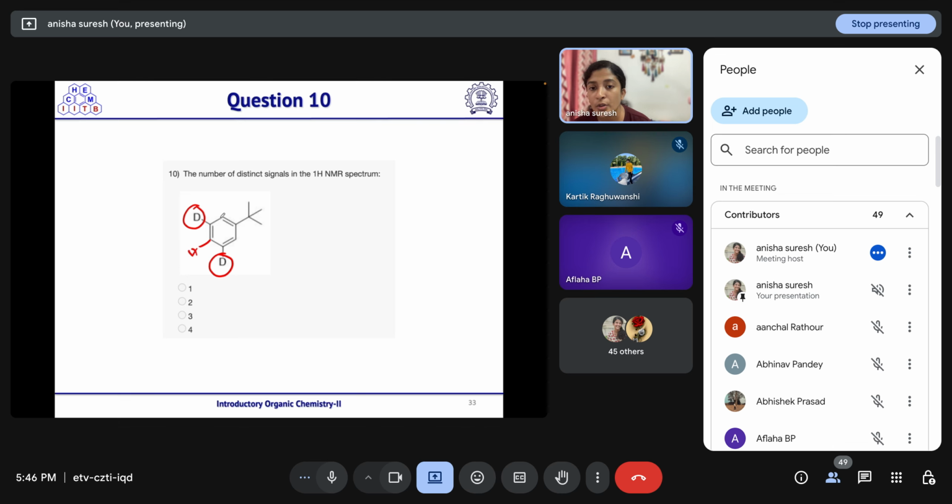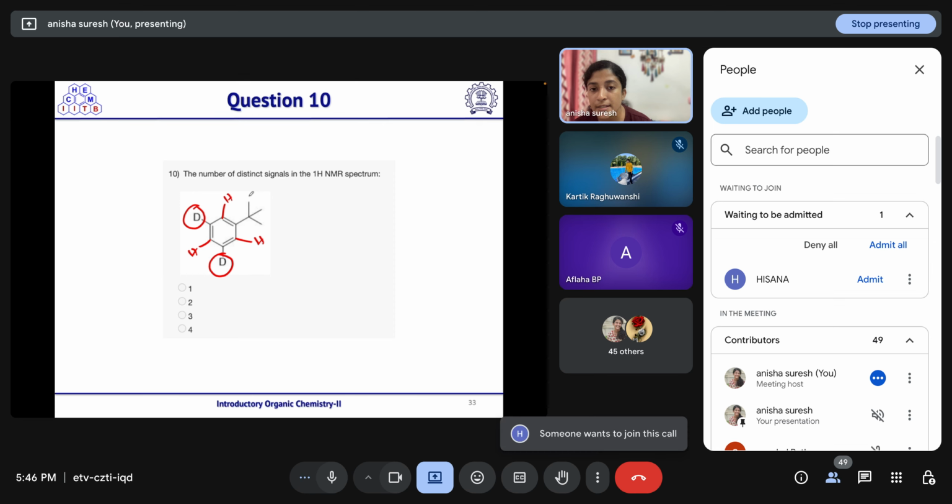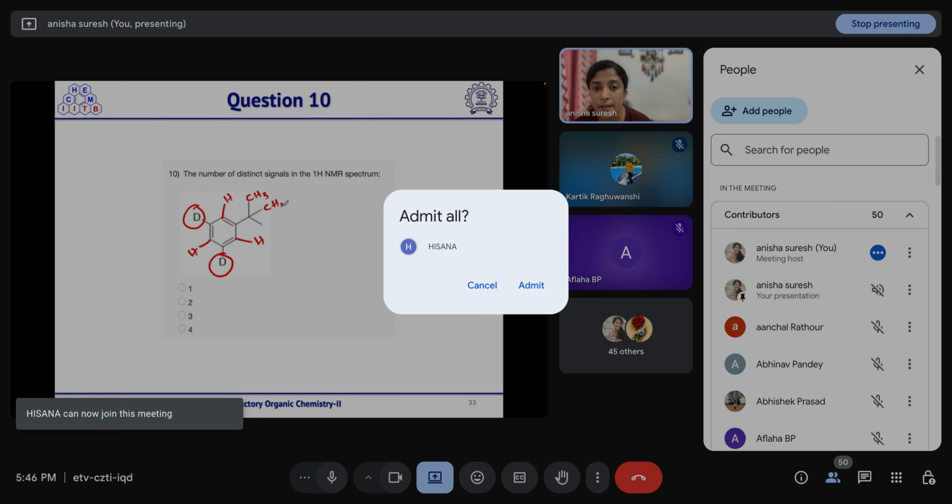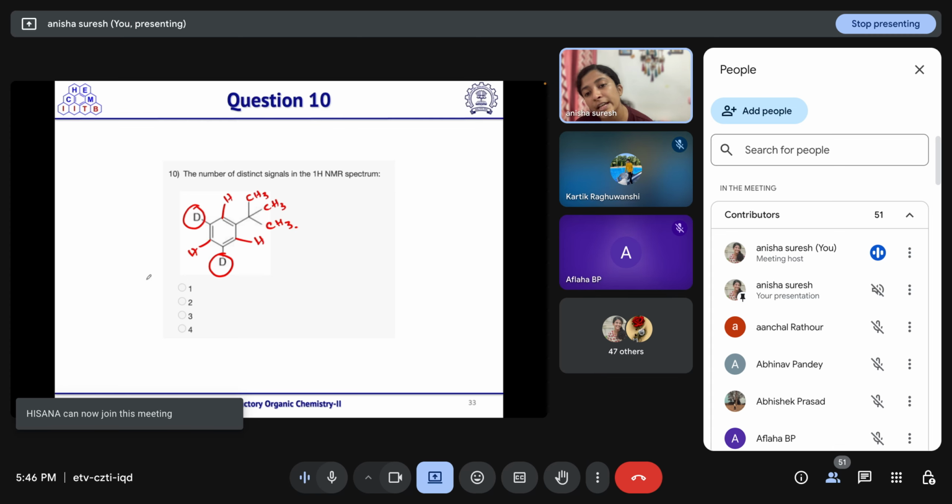Okay, so this is CH3s. And if we consider this molecule is having a plane of symmetry, so if we label HA, HB and HC, this HB and HC are in the same chemical environment, as this is having a plane of symmetry, and all these 9 protons will be identical.